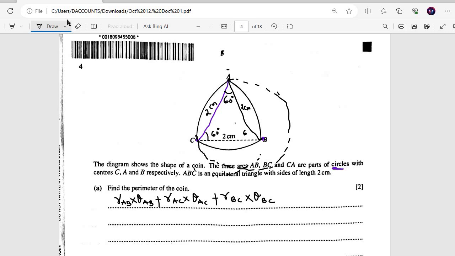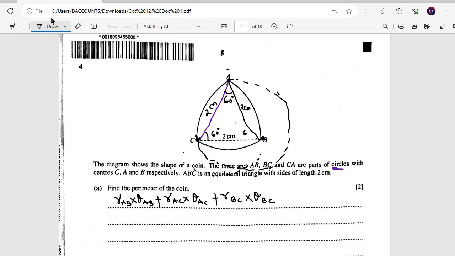So if I'm considering A at the center, and B is the center, from C to B will be the radius. From A, this is for arc AC. C is the edge, while B will be the center. So the radius is 2.